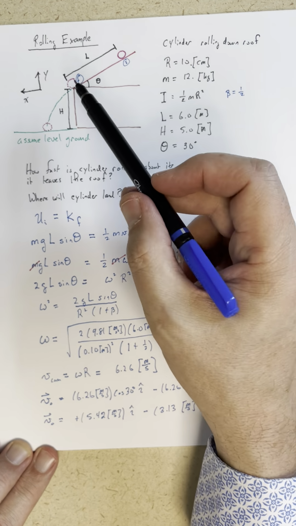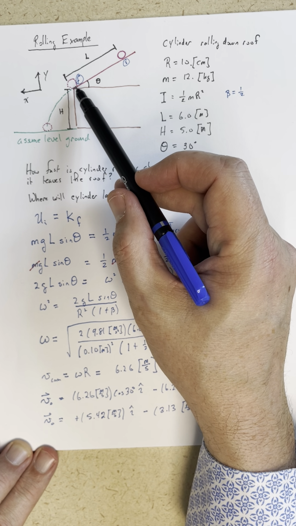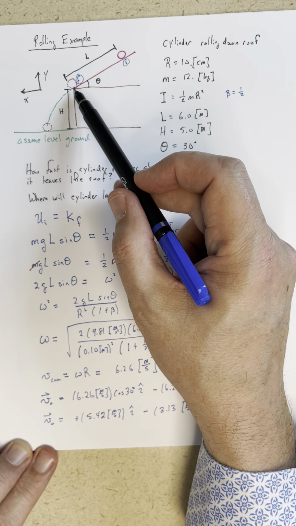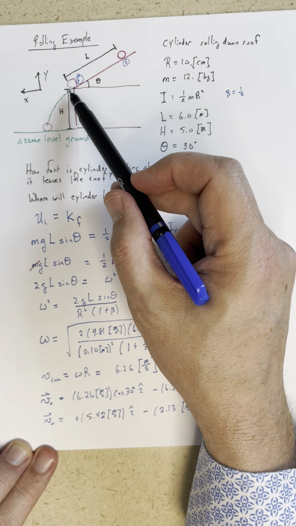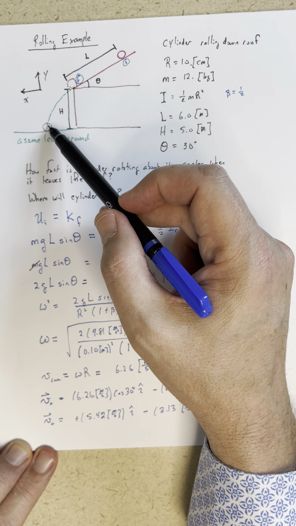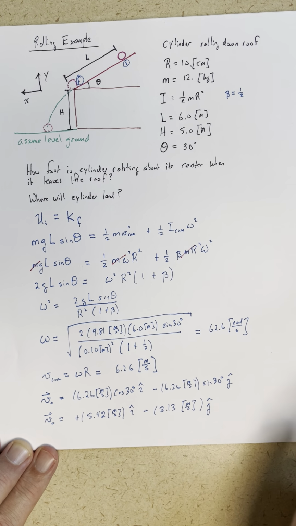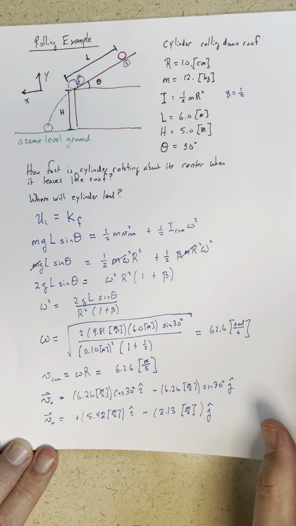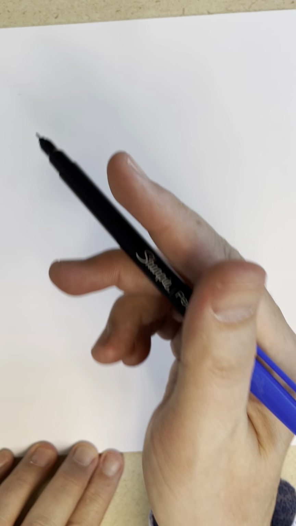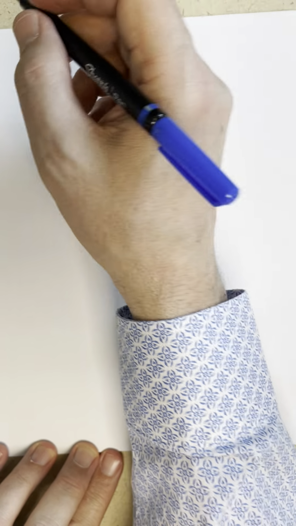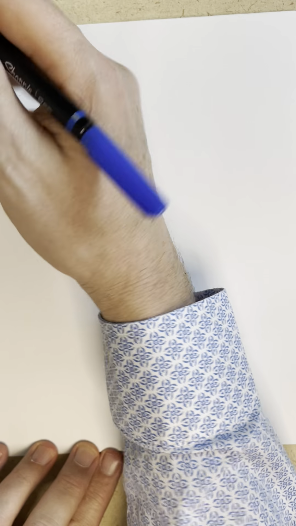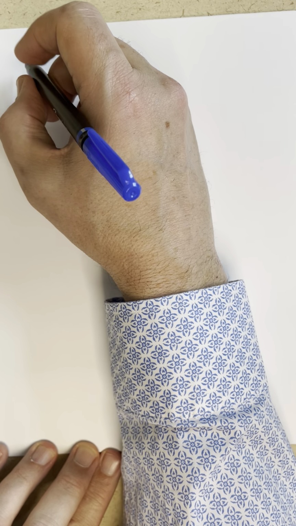All right, so we know how fast the cylinder is moving when it breaks contact with the roof. We can find where it lands. And with kinematics, there's always more than one way to do it. I'm going to pick a way, but you could use different equations. You'd still have the same physics.